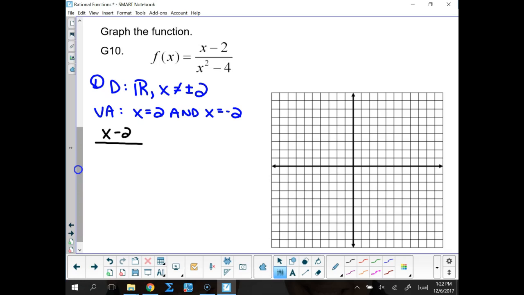Can I factor anything out of the bottom? Does anything cancel out? It does. What cancels out? The x minus 2's cancel each other out.